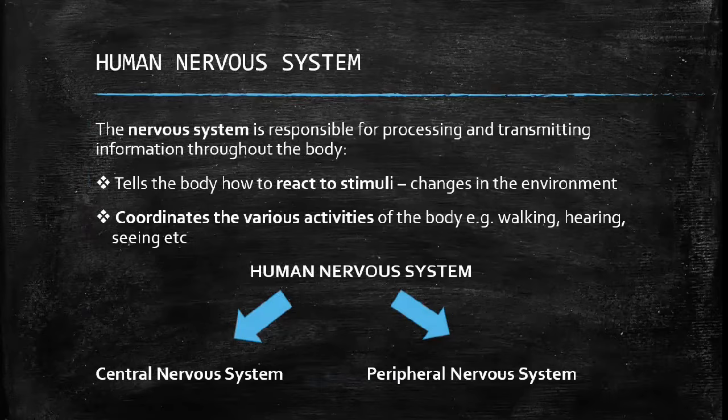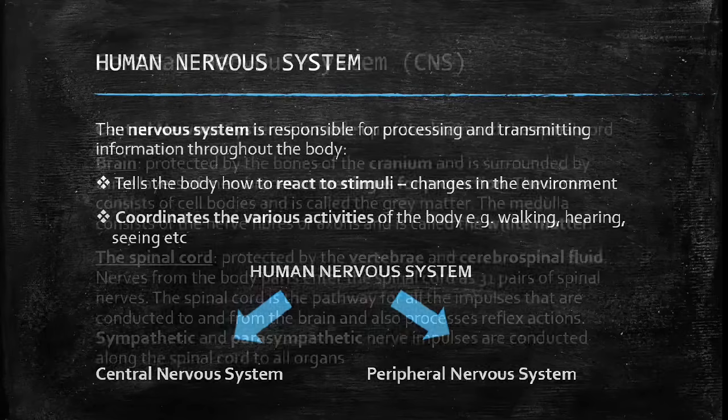And then it coordinates the different activities of the body, for example, walking, hearing, and seeing. And the human nervous system is actually divided into two parts. We have the central nervous system, the CNS, and we have the peripheral nervous system.